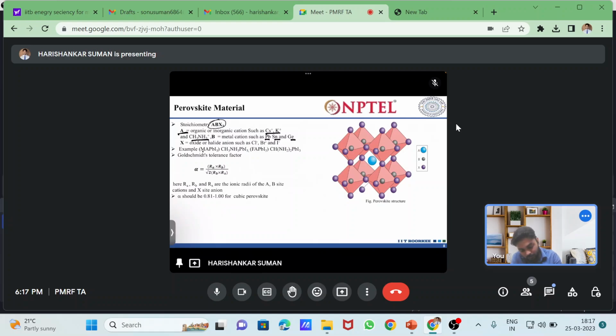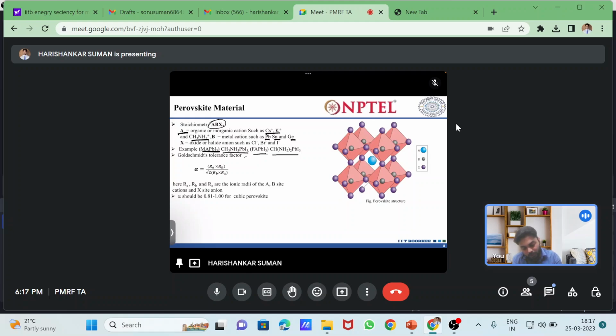Example is MAPbI3. This is the chemical formula CH3NH3PbI3. Name is methylammonium lead iodide. This is formamidinium lead iodide, chemical formula CH(NH2)2PbI3.